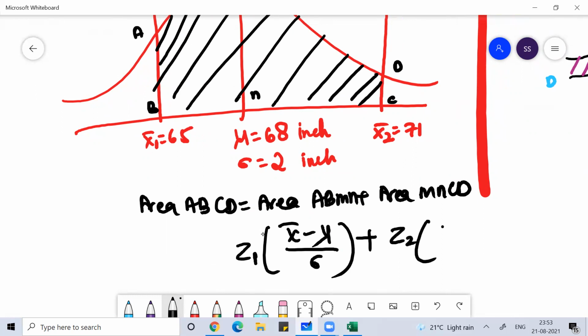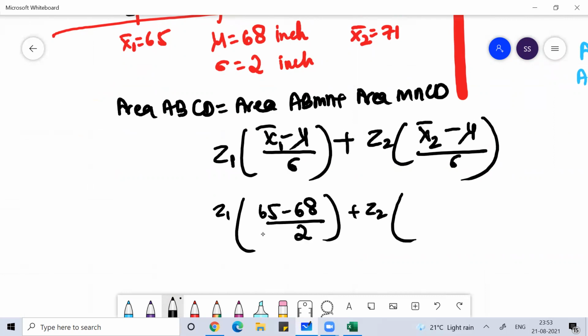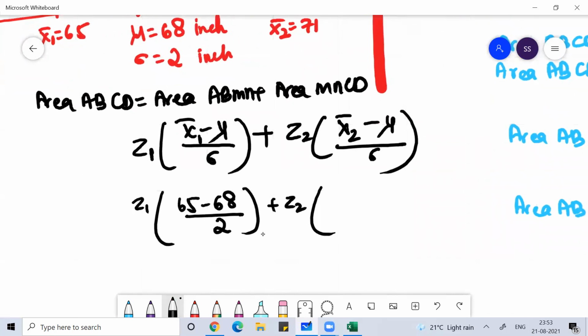So you just need to use that formula. Do this calculation: 65 minus 68 by 2, and 71 minus 68 divided by 2.